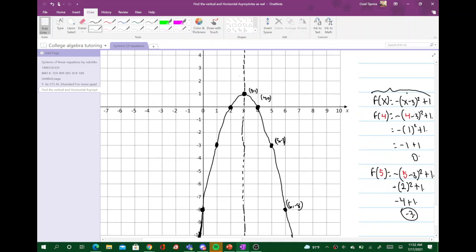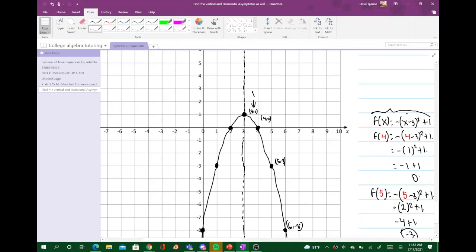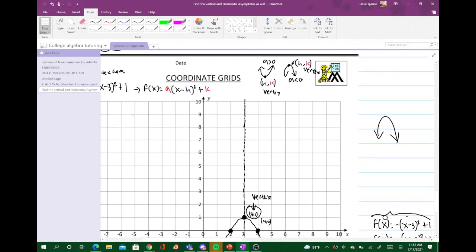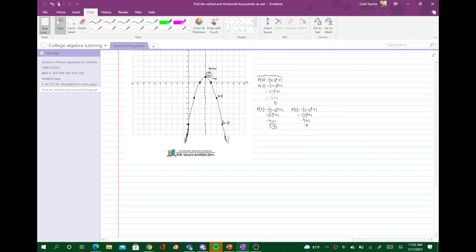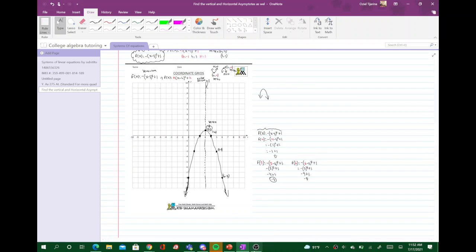And again, the vertex is right here. So right there is the vertex, 3, 1, and then the axis of symmetry is x equals 3. So this is your axis of symmetry, right? And that is how you would graph this equation for this parabola, right?